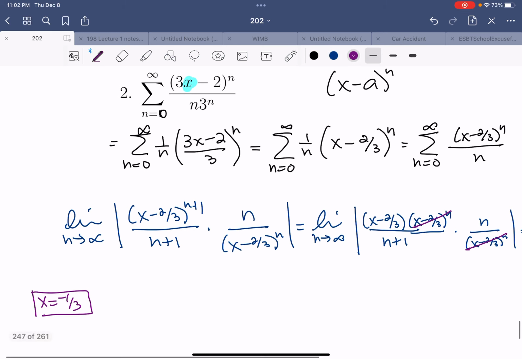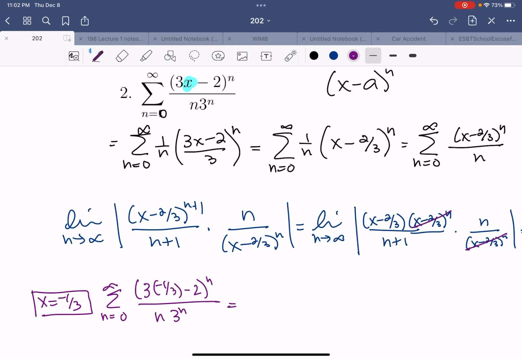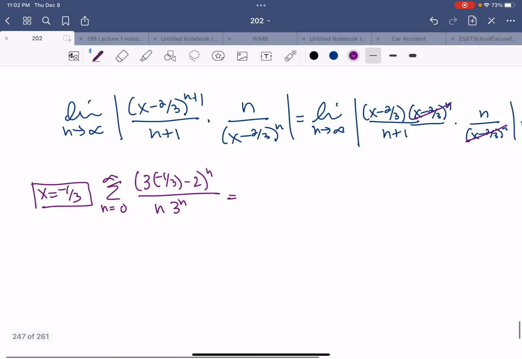So that's going to be the sum n equals 0 to infinity of (3 times negative 1/3 minus 2) to the n all over n times 3 to the n. And what happens to that? Let's see, the 3's will cancel and I'll get negative 1 minus 2 is negative 3 to the n. So I'm going to have (negative 3) to the n over n times 3 to the n.